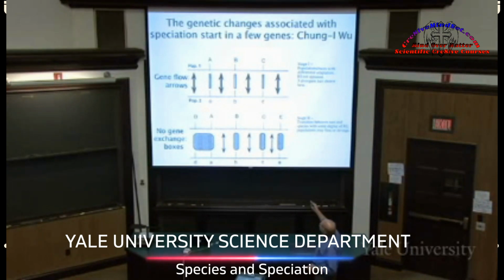So if we look into the genome, and this has been done best with Drosophila because it's such a good model organism, and if you want to go into this kind of thing, search under C.I. Wu. That's Chung-Yi Wu. He's at Chicago. And basically what Chung-Yi said was that if we look across a genome, you can think of A, B, and C just being markers on the genome.